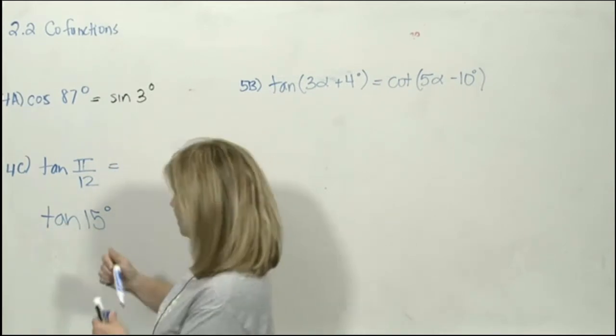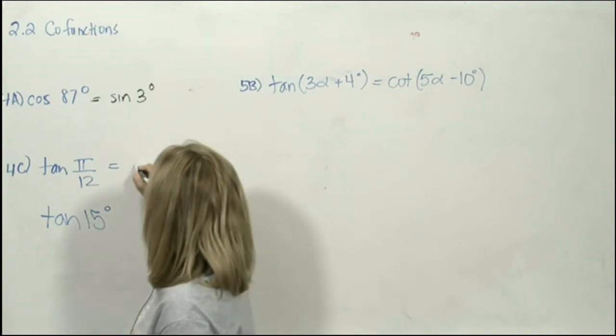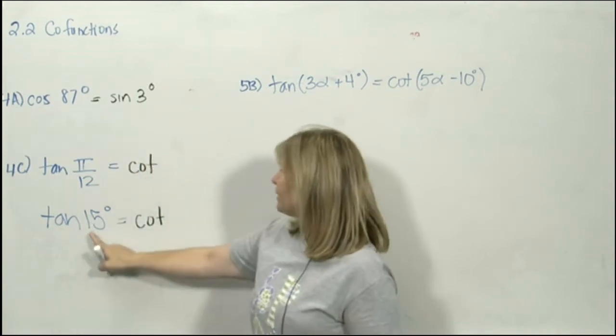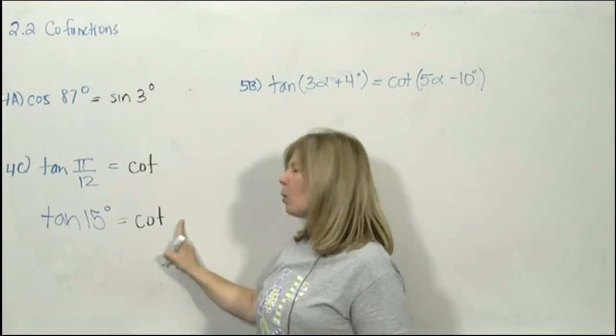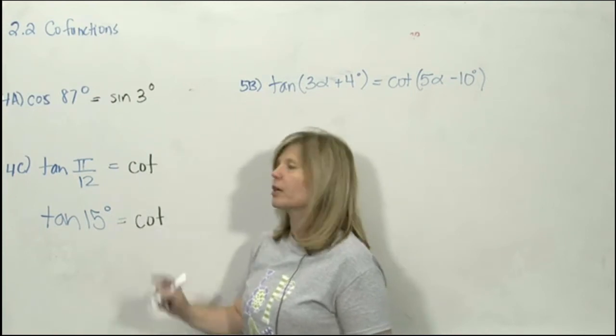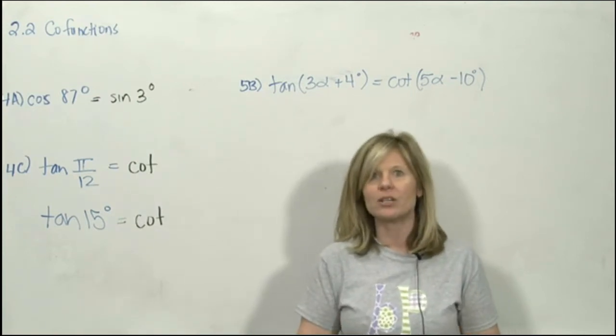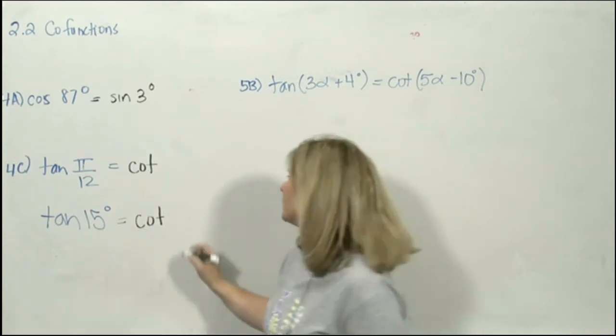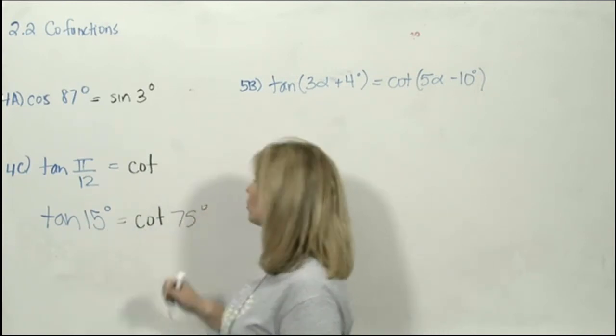Well, it would be cotangent, right? If that angle's 15 degrees, what would this angle be? They're not going to be the same. They're going to be complementary, which means they add to how many degrees? 90. So what do you add to 15 degrees to make 90? That would be 75 degrees.